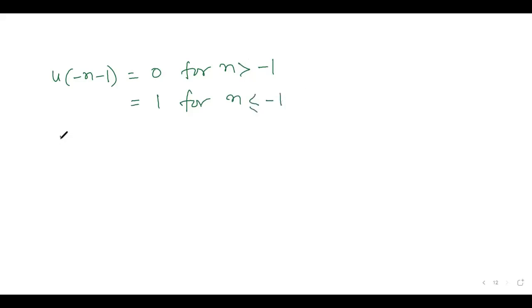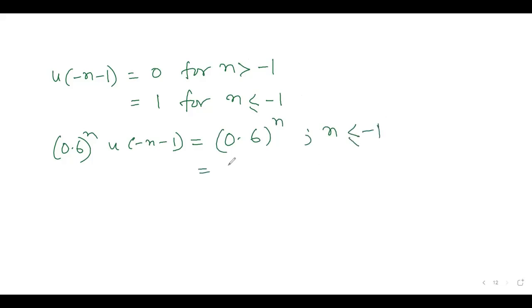That means we have 0.6 to the power n u of minus n minus 1. That means this is 0.6 to the power n for n less than or equal to minus 1 and 0 for n greater than minus 1. তাই তো? তাই হবে তো?